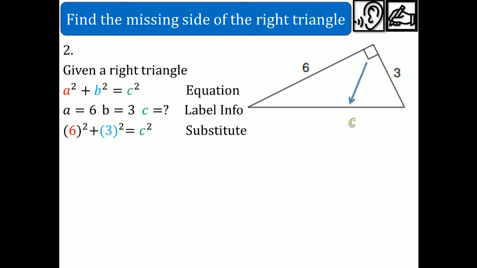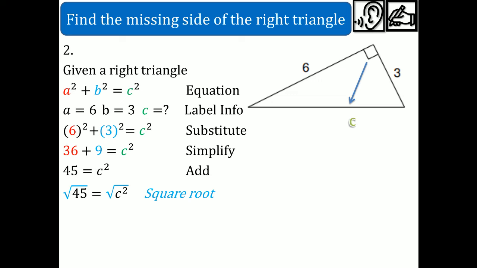6 squared is 36, 3 squared is 9. That's what you get on the left hand side after you do the squares. 36 plus 9 equals 45. That equals c squared. That's what happens after I add. To get c alone, you have to square root both sides. The left hand side becomes the square root of 45.